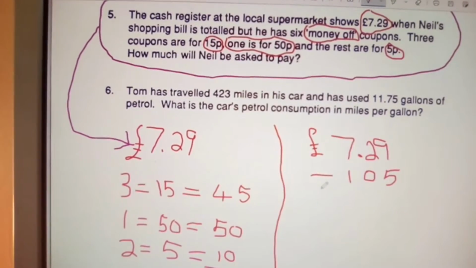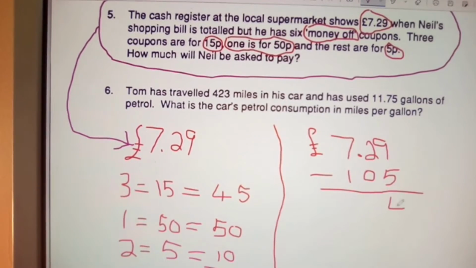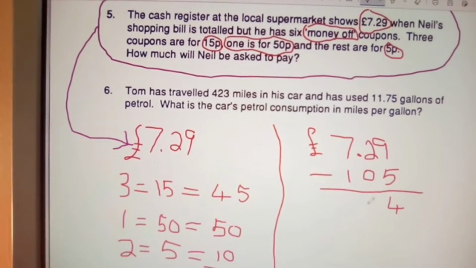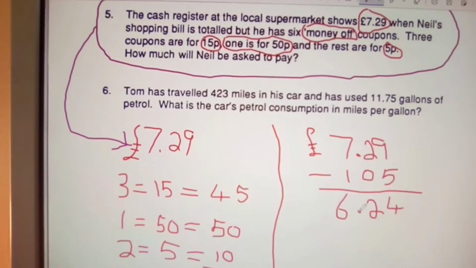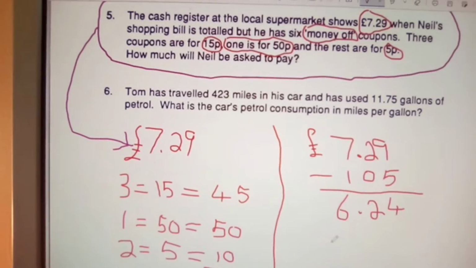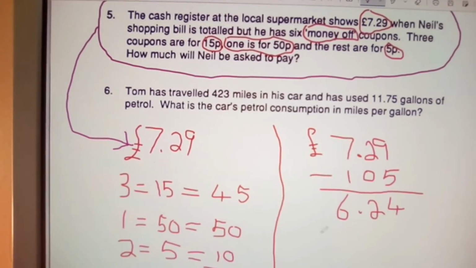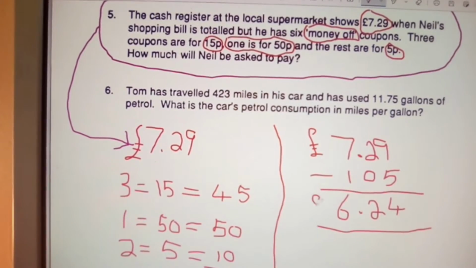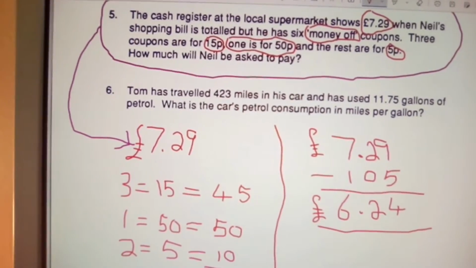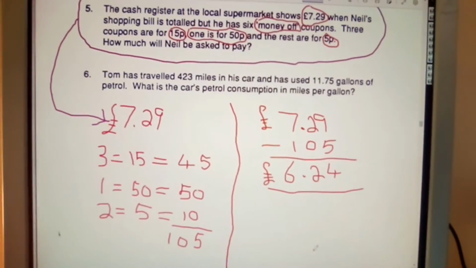We subtract this, okay? 5 from 9 leaves 4, 0 from 2 leaves 2, 1 from 7 leaves 6. So Neil will have to pay £6.24. Okay, that's what Neil will have to pay, £6.24.